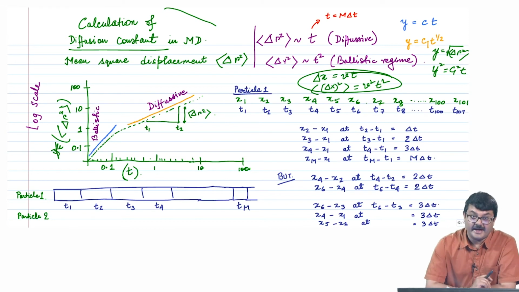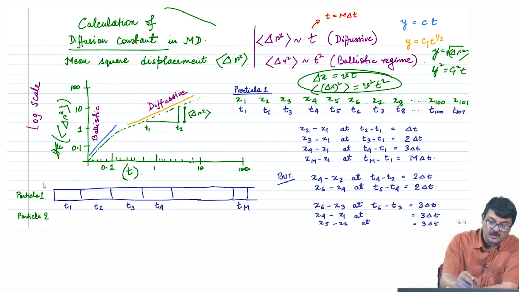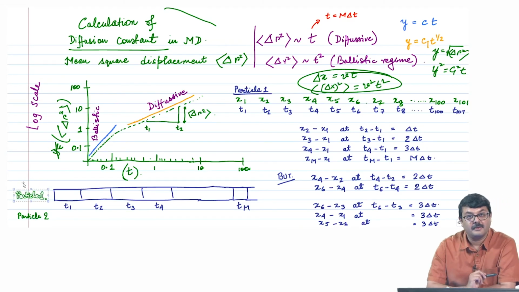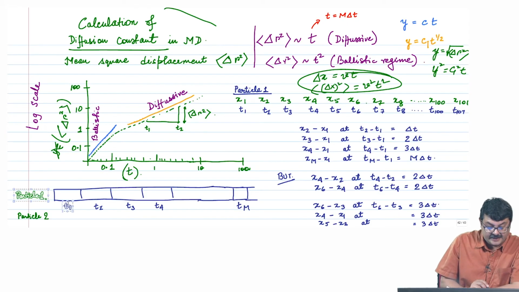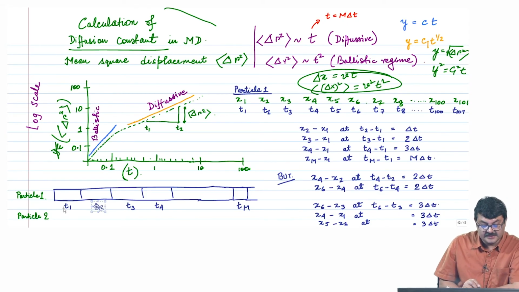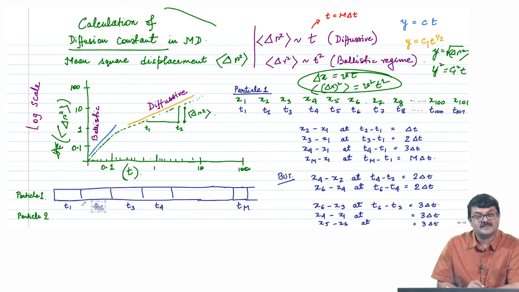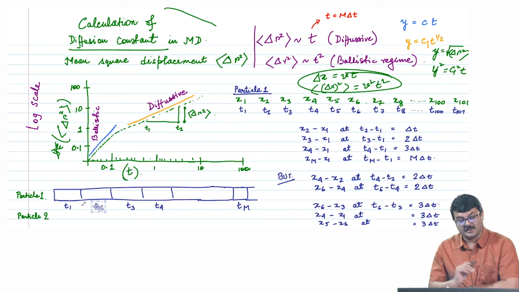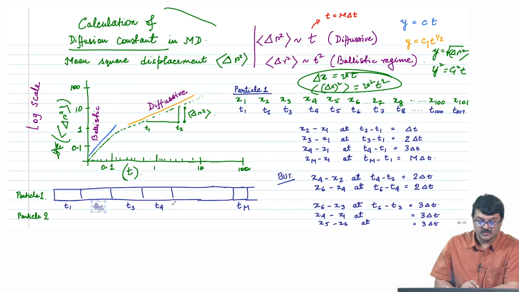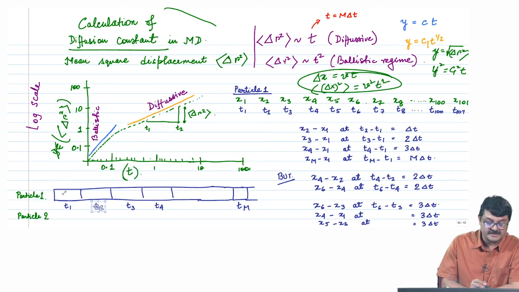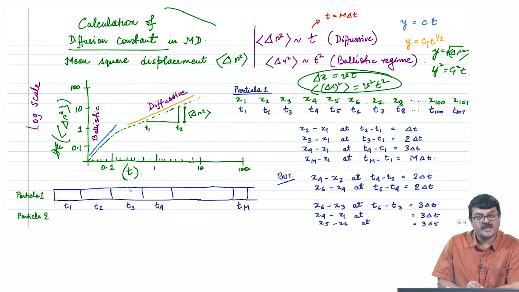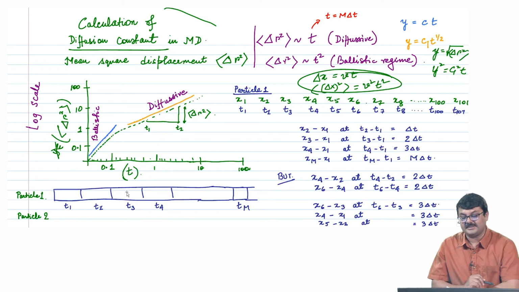Now, you are going to have an array, suppose for particle 1, at times T 1, T 2 and T 3, and the difference between T 2 and T 1 is delta t, because you have just updated the position, and T 3 minus T 2 is delta t, because you have updated the position again, and so on. And you write the position x 1 at time T 1 for one particle, x 2 at time T 2, and x 3 at time T 3.